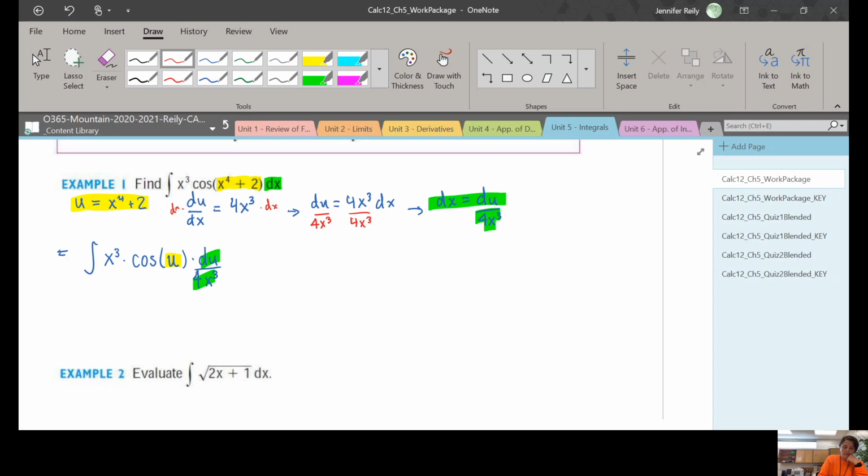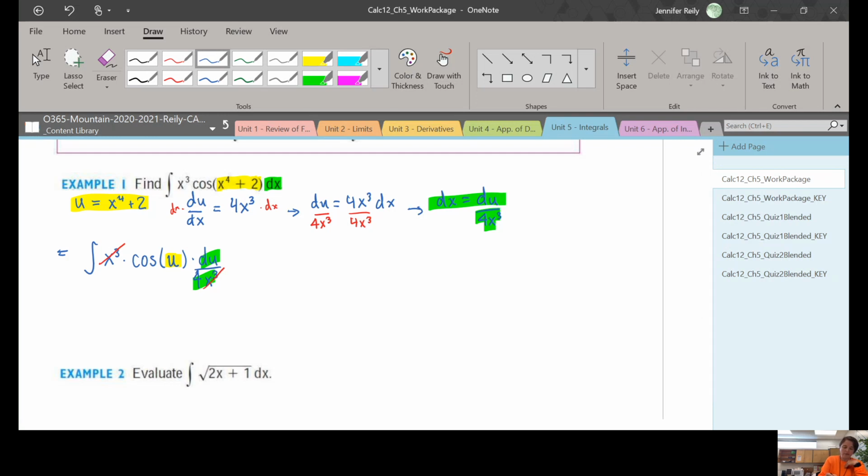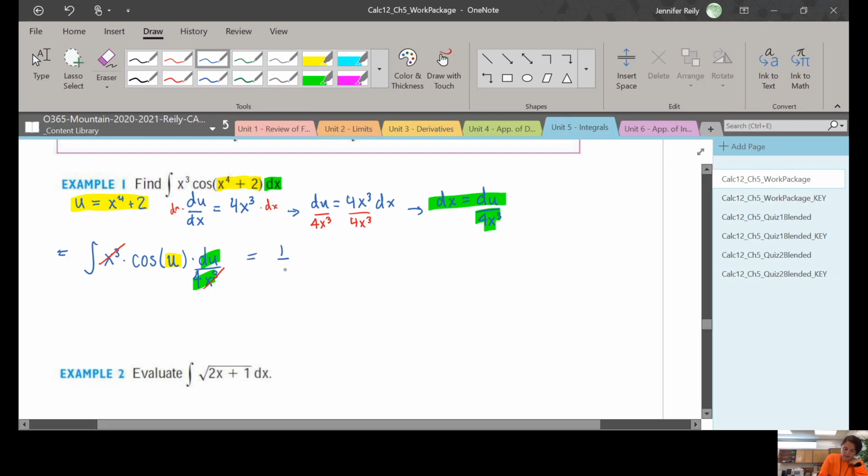Now, notice what we have. We have an x cubed in the numerator and an x cubed in the denominator, so these actually cancel out. That's really nice. Then we have a division by 4 there. We can pull the 1 over 4 out because it's just a constant. So this is 1 over 4 times the integral of cos of u du.